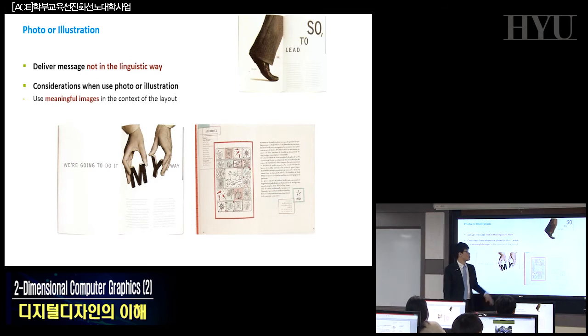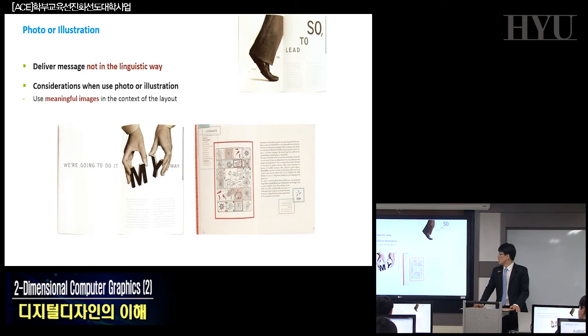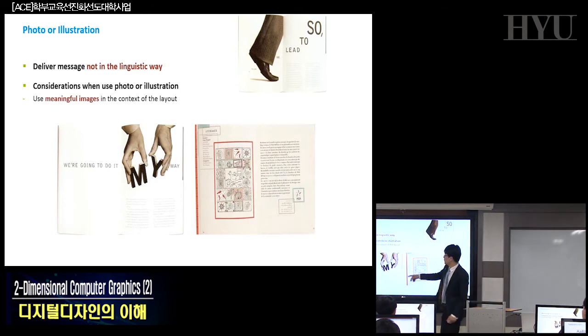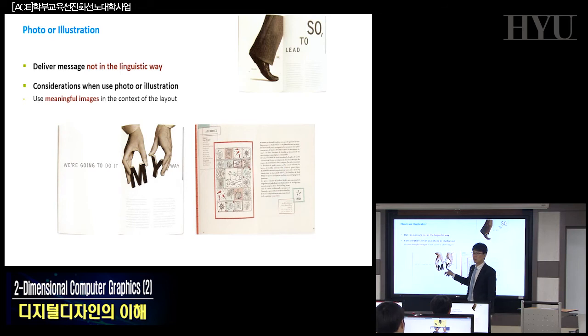So simply those given two hands illustration, photo, puts an amount of attention and emphasis on the main context, main text. Not in a linguistic way. If you simply place just the same font, same word, we are going to do it my way, very simple, but it's not going to be attractive, or you cannot pay a little bit more attention.